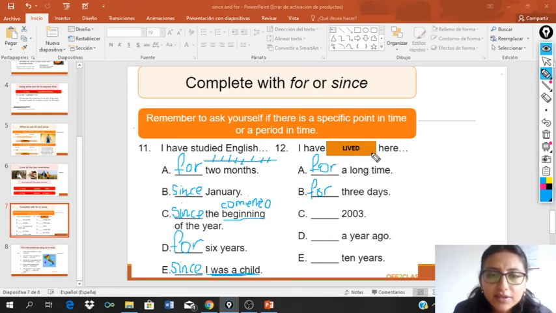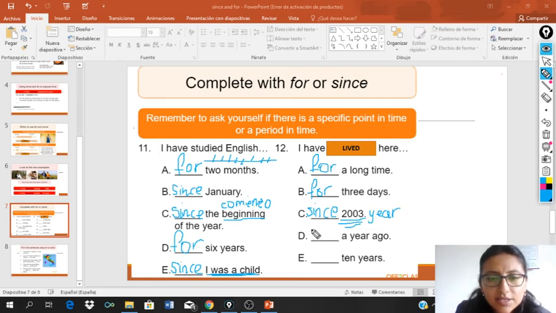And the next one. I have lived here since 2003 or for 2003. Very good. Since 2003, because here we have a specific time, a year. Very good. Okay? The next. I have lived here for a year ago or since a year ago.